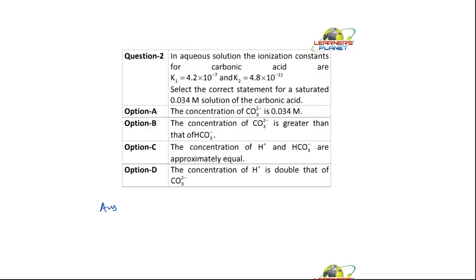What is carbonic acid? What is the formula of carbonic acid? It is H2CO3. Now this H2CO3 dissociates into H+ and HCO3- ion, right? For this, the equilibrium constant K1 is given as 4.2 × 10^-7.